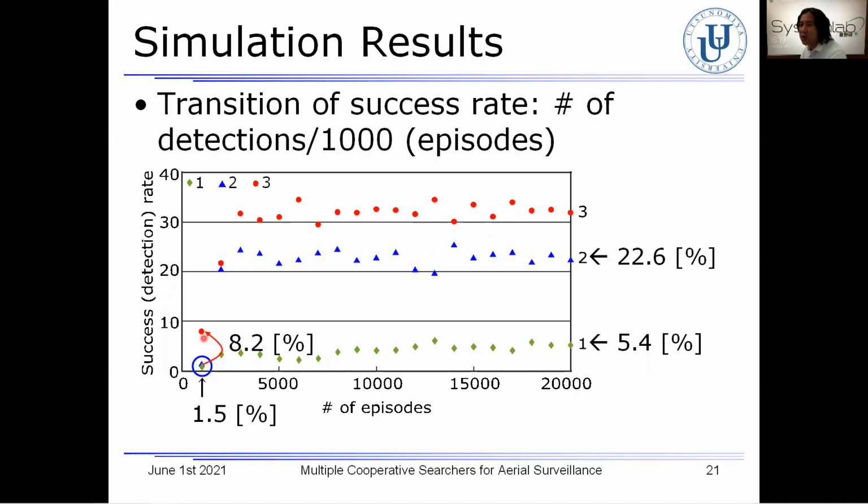This result shows that the searchers efficiently learn the effective actions. Because of the increased learning efficiency, the final success rate was also increased to about 32%. Compared to the result of condition 2, the surveillance performance was increased by about 10%.